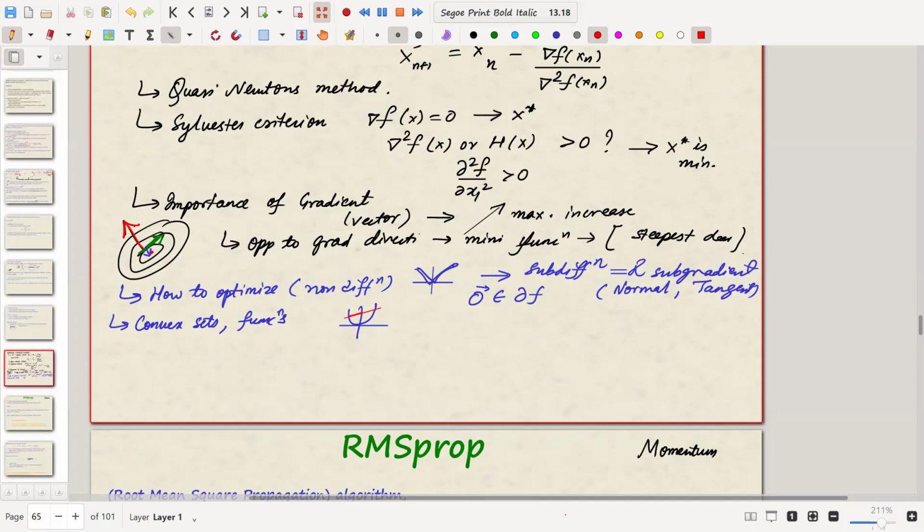Okay, but what happens if you take non-convex functions? We took some Python examples like x cos x. In that function we saw there were multiple local minimums. Each of them was a local minimum.